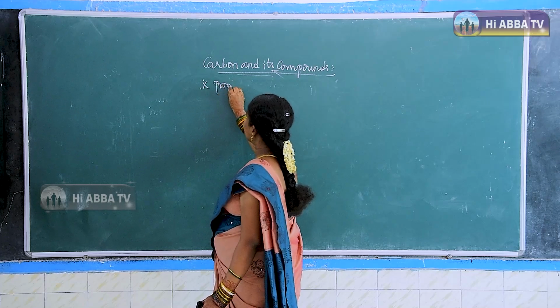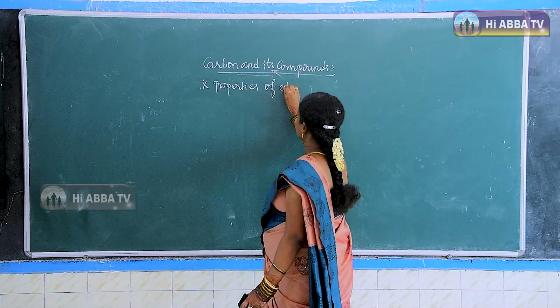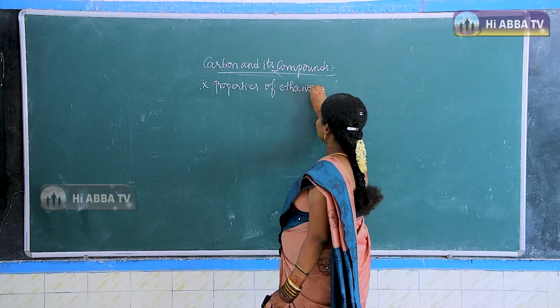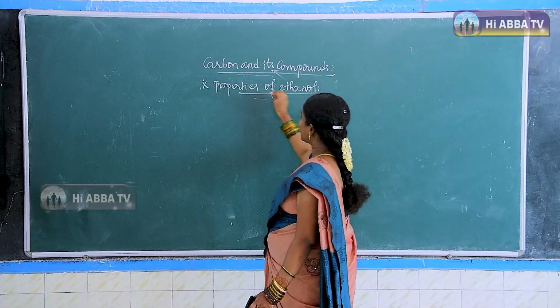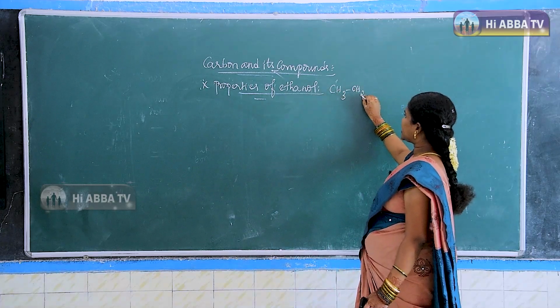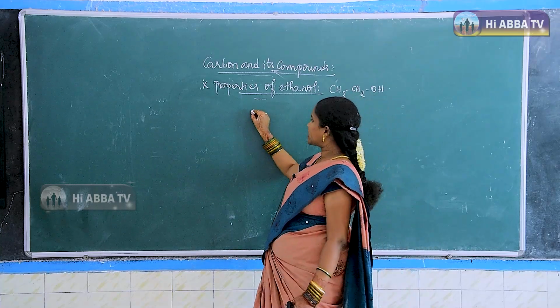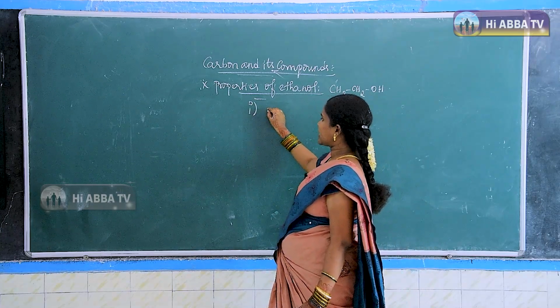So properties of ethanol. We know the formula for ethanol to be CH3CH2OH. Okay, there are 2 reactions which will come under the category of ethanol.